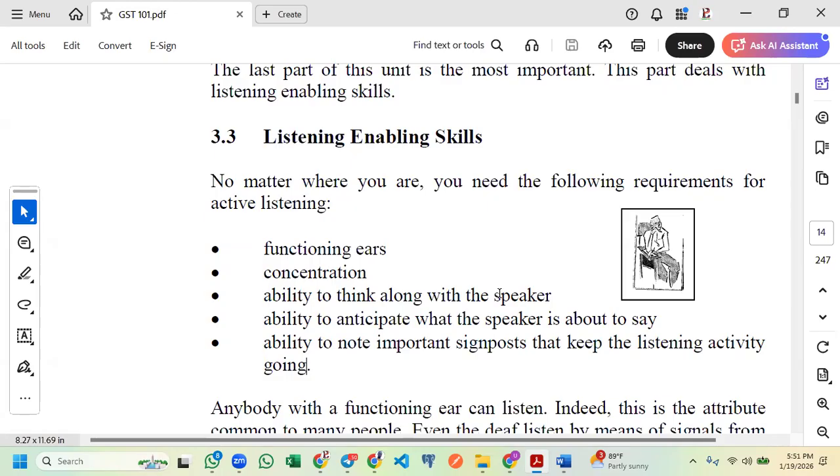What they mean by thinking along with the speaker is you are following the person back to back, like probably you are expecting what the person is about to even say. Your mind is following the person. What the person is thinking about that topic is also going on in your own mind.